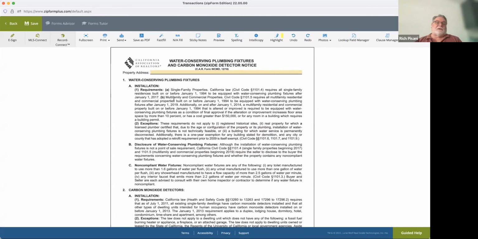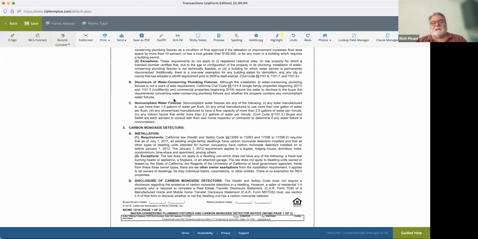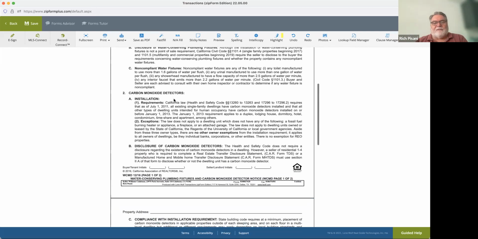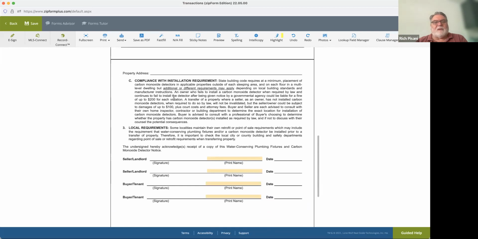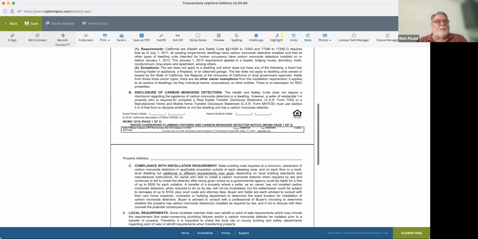This goes over water conserving fixtures, and it takes the place of the water heater braces, the water heater and the smoke detector thing. We used to have to do that one plus a carbon monoxide form. This takes care of everything, and just make sure that all parties sign it.